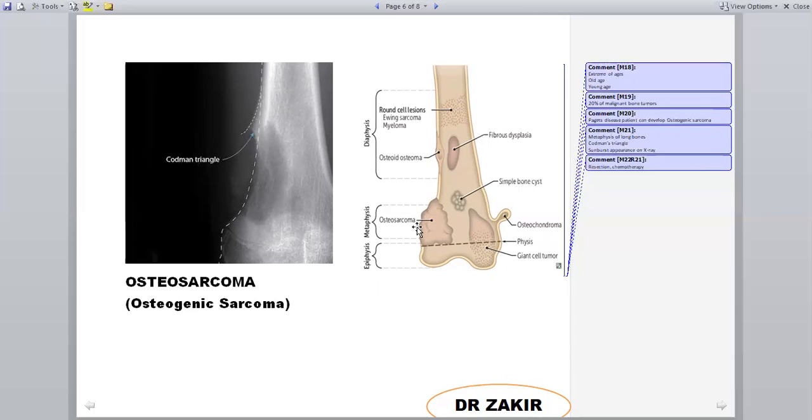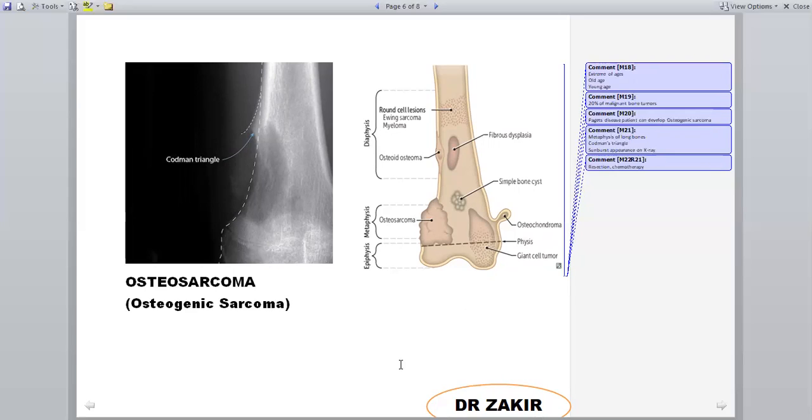So osteosarcoma: malignant bony tumor, extremes of age, young less than 20, old more than 60, metaphyseal involvement, and Codman triangle. Other features are all the same: weight loss, pain, and the treatment is always resection plus chemotherapy.